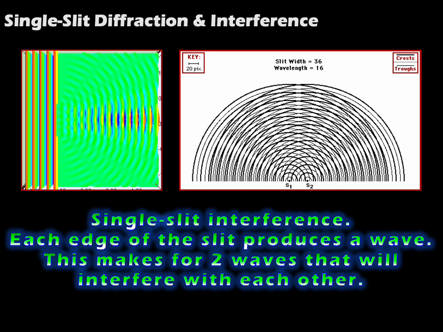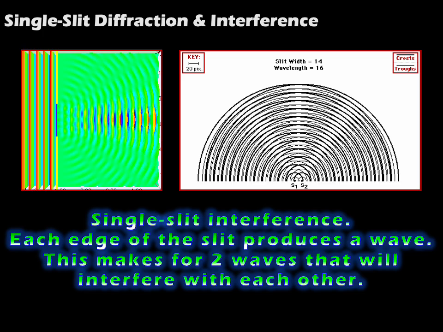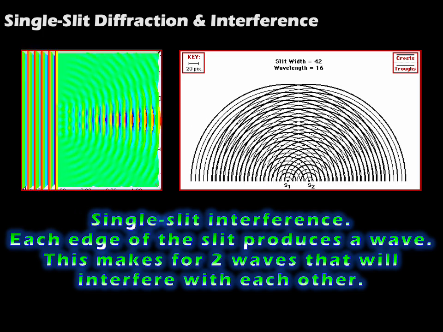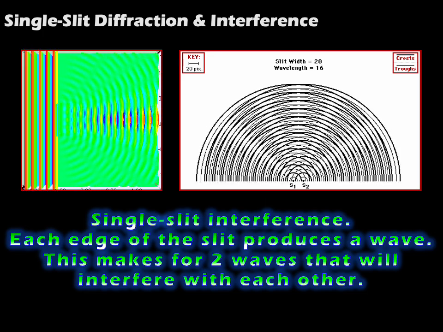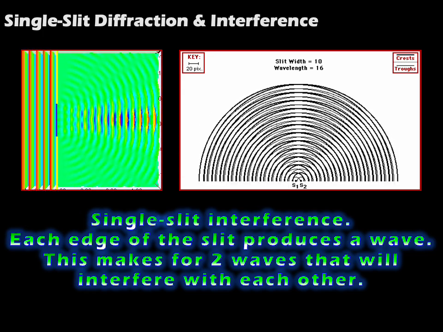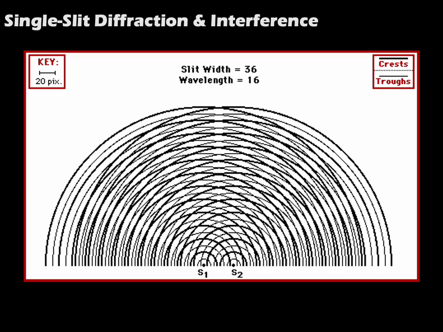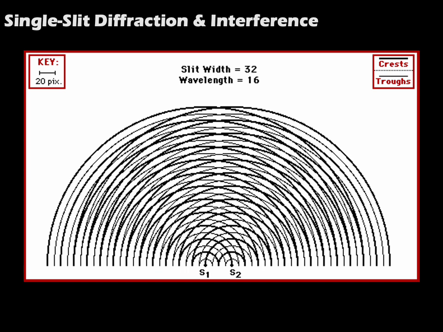So the little animation on the left is showing this pattern as waves come in, just puts a little motion to it. On the right, it's showing what happens if we decrease the distance between the edges, so we narrow the gap. Got a slightly bigger version of that, and that's the last thing I'm going to show you. So S1 and S2, those just represent the edges of the gap.